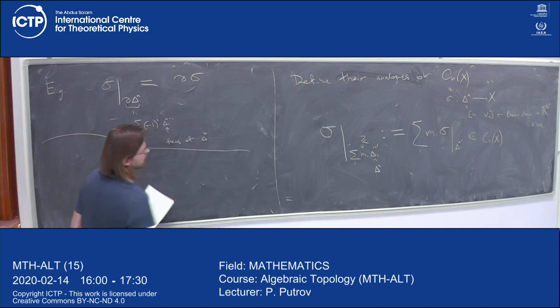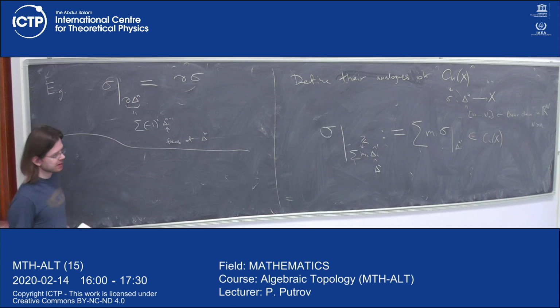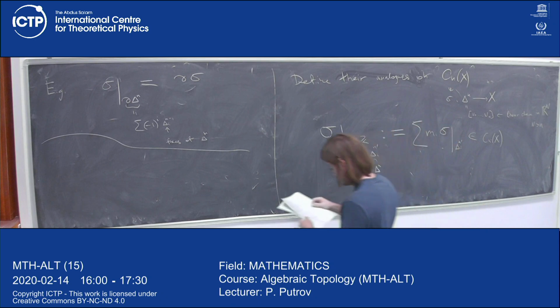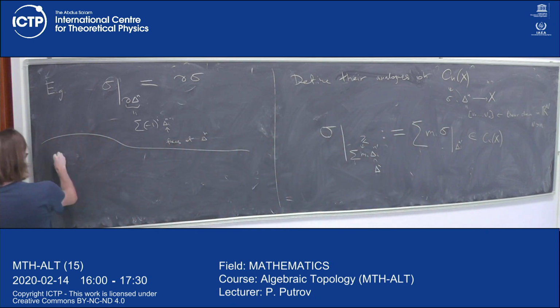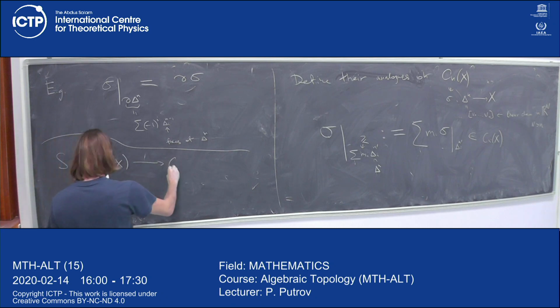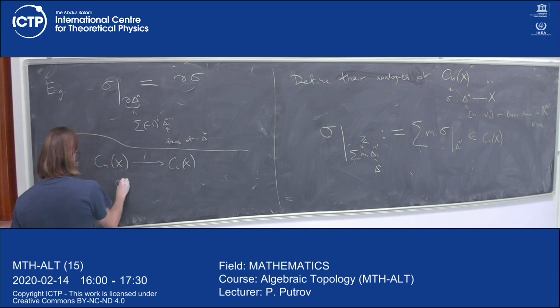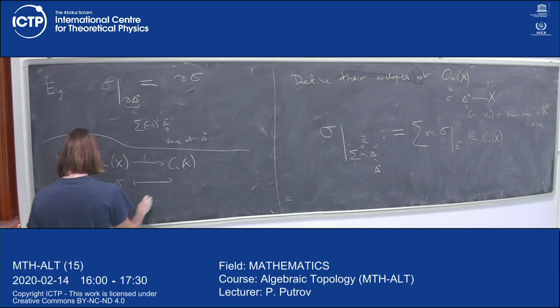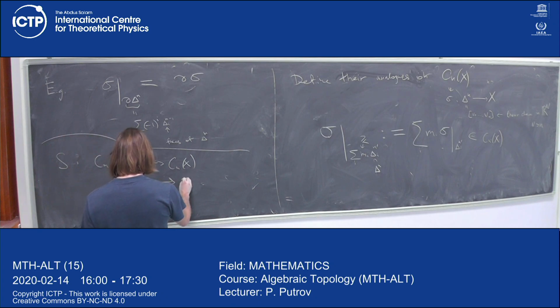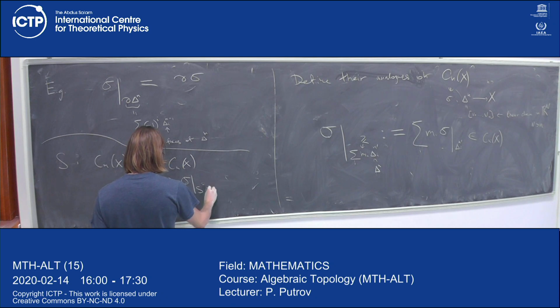So now using this approach, we can extend all our operators to operators acting on Cn of x. So for example, S, now we can define on Cn of x by taking a singular chain σ, which is understood as a map from Δn to x, and considering its restriction on S of Δn.